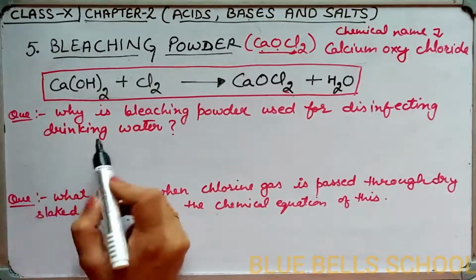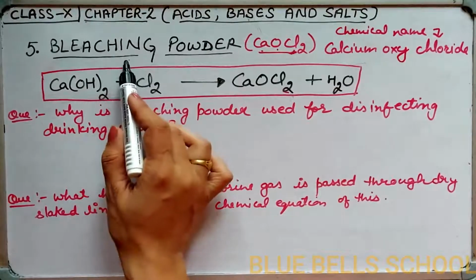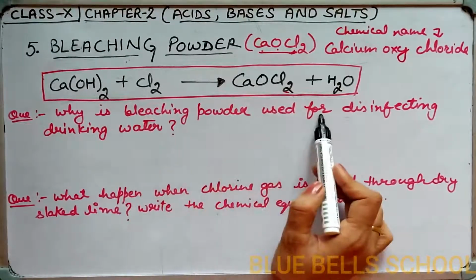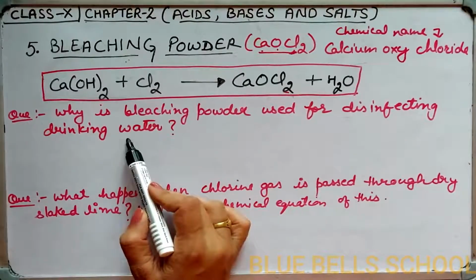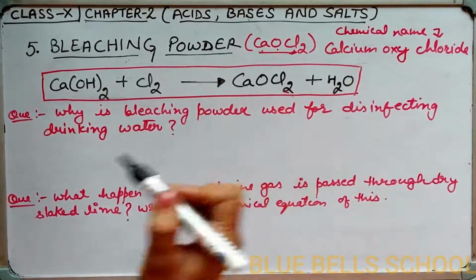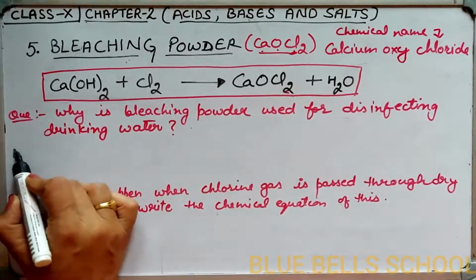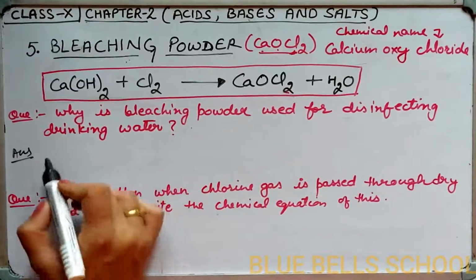Now let me discuss some questions relating to this topic. First question is, why is bleaching powder used for disinfecting drinking water? It is because it releases chlorine gas. Let me show you chemically.